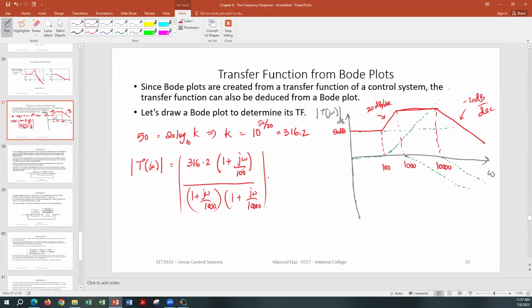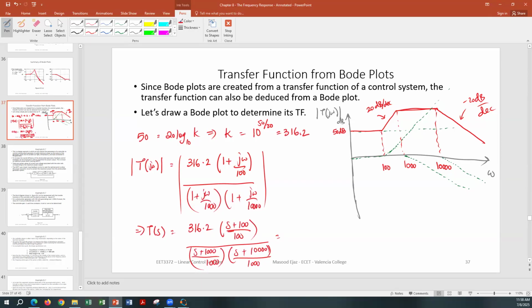So the transfer function T(s) is going to be 316.2 times (s plus 100 over 100), over (s plus 1000 over 1000) and (s plus 10,000 over 10,000).